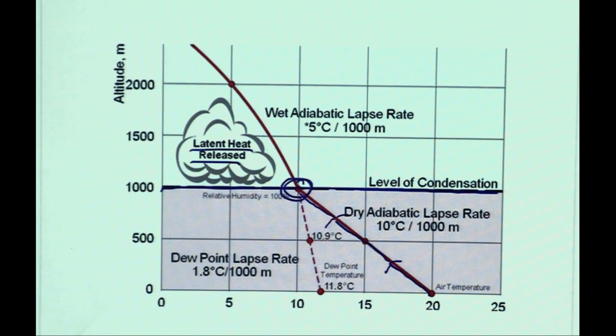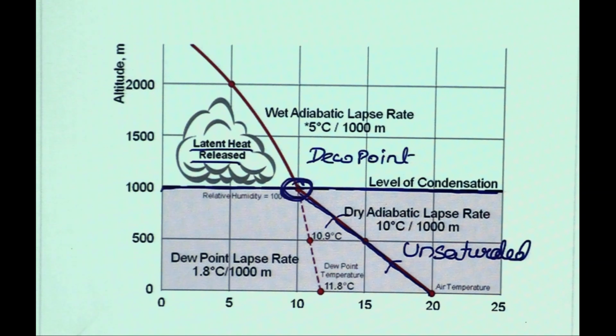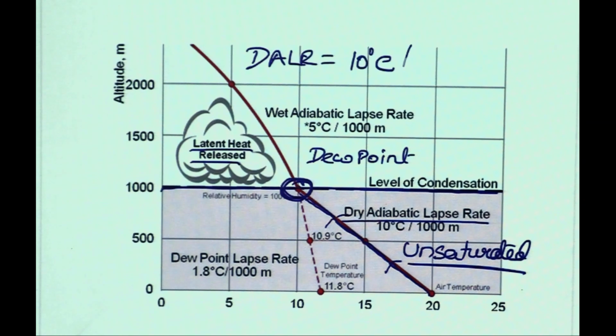The temperature at which the air column becomes saturated is called its dew point temperature. So if the air column is warmer than its dew point temperature, it is which type of air column? It is unsaturated. An unsaturated air column cools at what rate? Dry adiabatic lapse rate. The dry adiabatic lapse rate equals 10 degrees Celsius per kilometer of ascent.